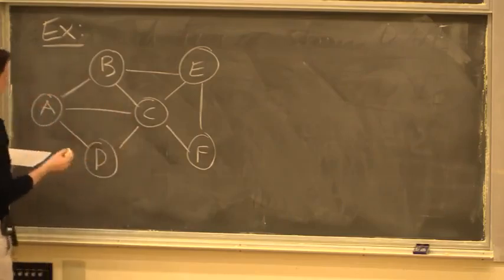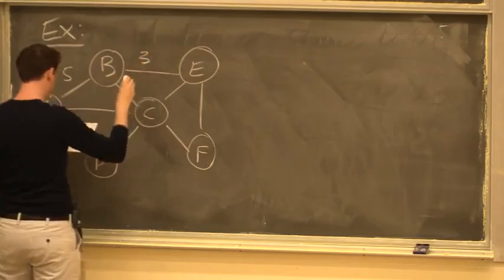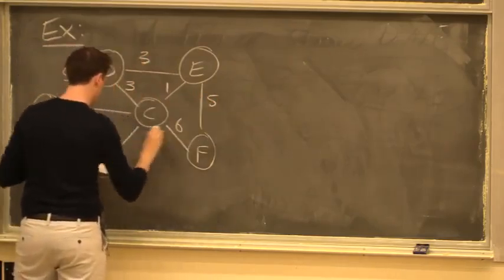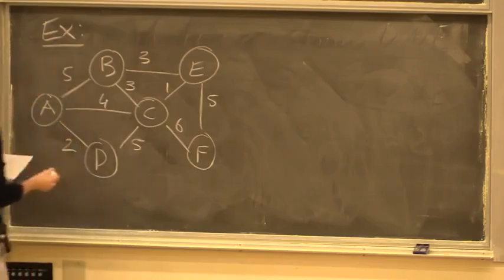Okay, but I do have to put weights because we need them. So here's 1, 5, 3, 3, 1, 5, 6, 4, 5, 2. Okay, so this is an instance of our problem. The graph plus the weights, and we need to find the minimum spanning tree.